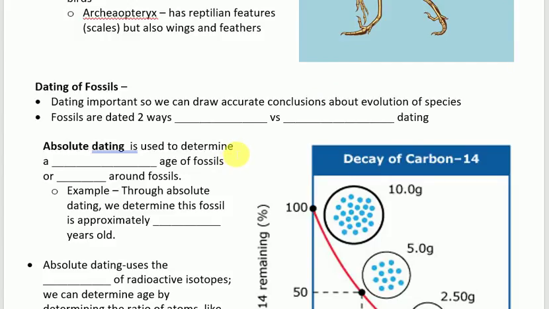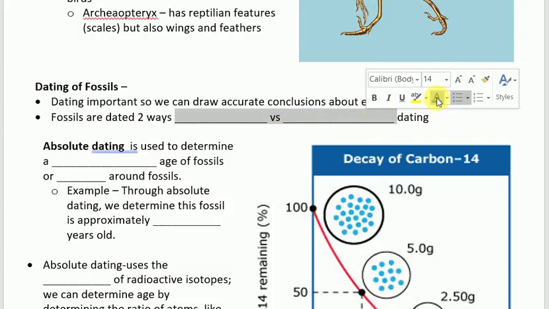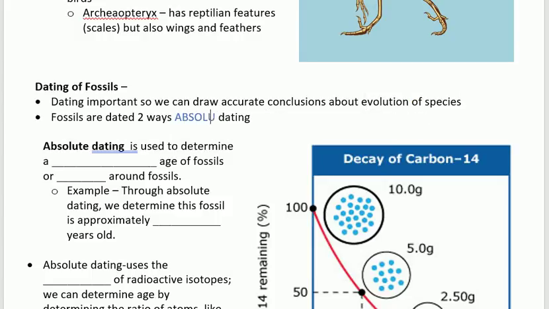So dating of fossils is important because that allows us to draw accurate conclusions about the evolution. And they are dated 2 ways. There is absolute, and then there is relative dating.